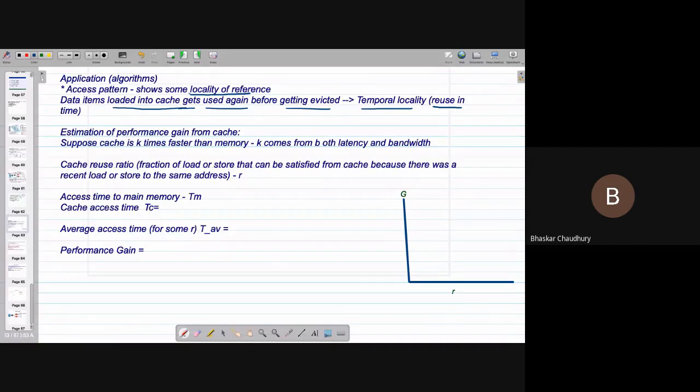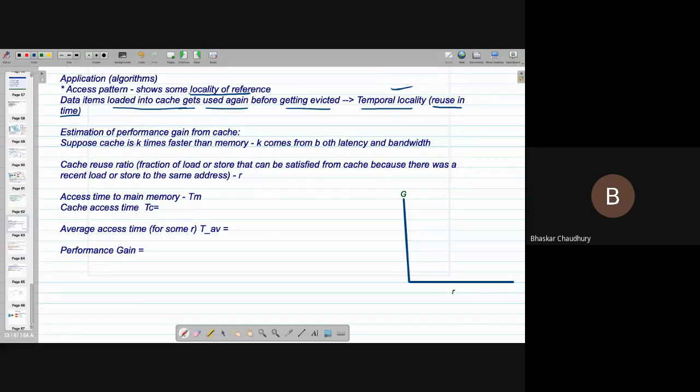When it is reuse in time, it's temporal locality. Data items loaded into cache get used again before getting evicted. It's typical for iterative algorithms, that you have some data item already in the cache, and it gets used again before it's flushed from the cache. That is when temporal locality comes into the picture.